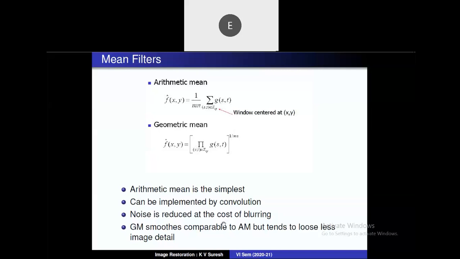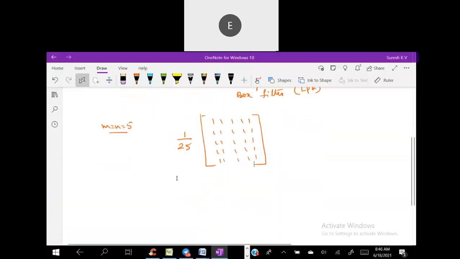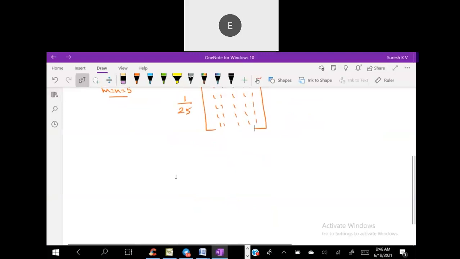Okay. So for example, if you take a 3 cross 3 here, it is a product, sorry. So your f hat of x comma y will be, let me assume that m is equal to n is equal to 3 again.